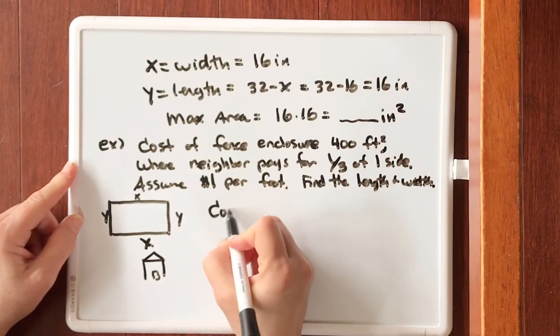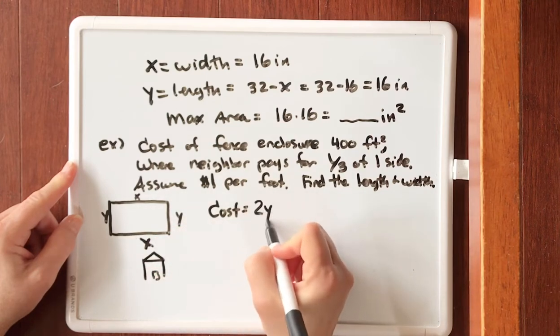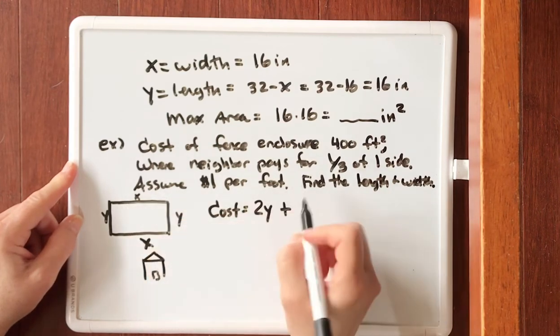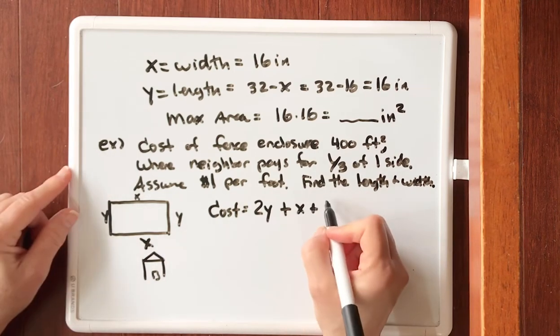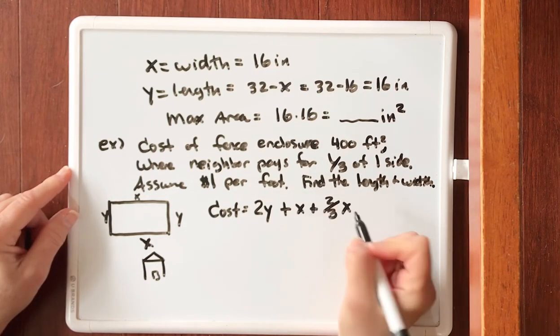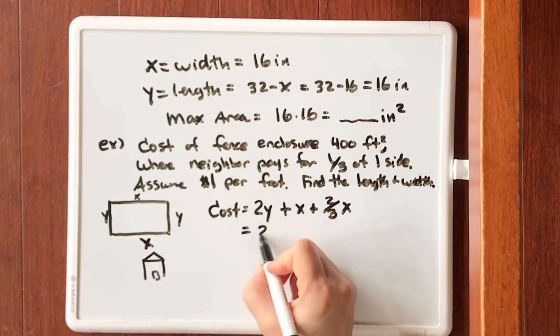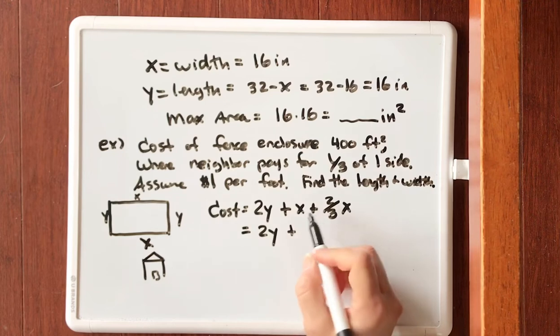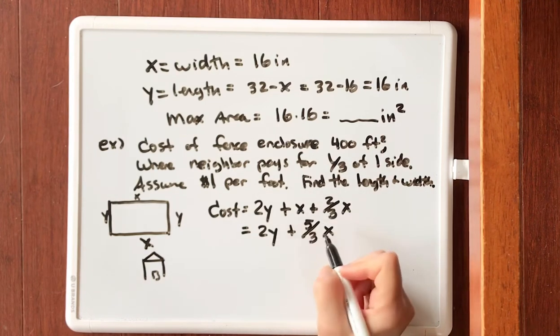So the cost is 2 Y's plus this X here. Since they're paying 1/3, we're going to pay 2/3. So the cost is going to be 2Y plus 1 2/3, which is 5/3 X.